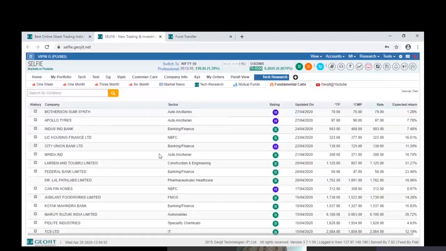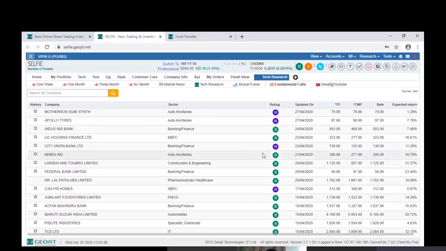Now, if you come to the fundamental calls, you can see the set of shares which has been recommended by Geojit in the past 1 year, and you could see the updated date and the target price and the current market price and the rate which has been mentioned, and what is the expected return that you would be getting by following this particular research recommendation.